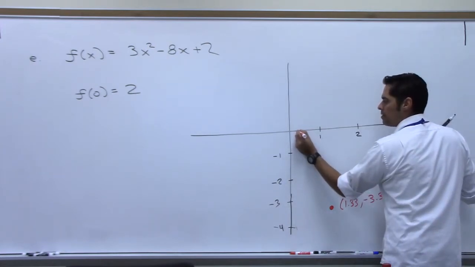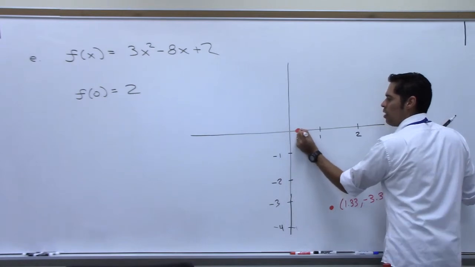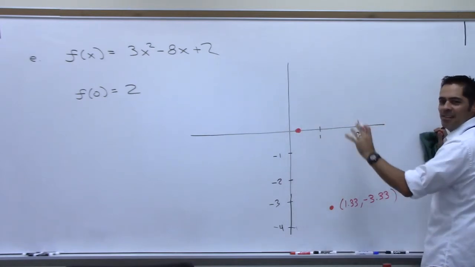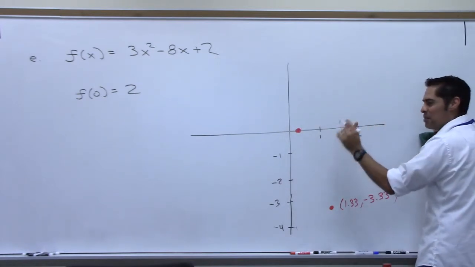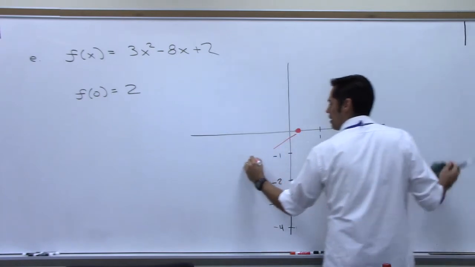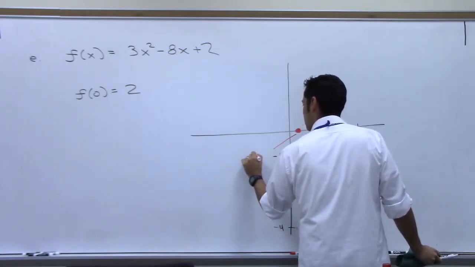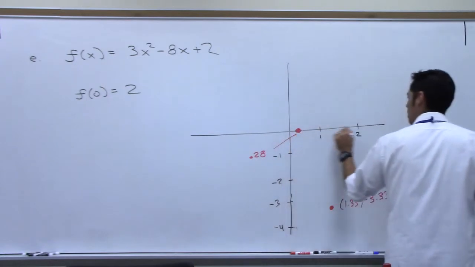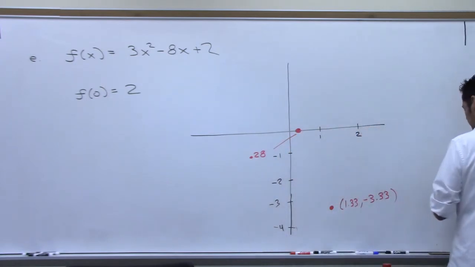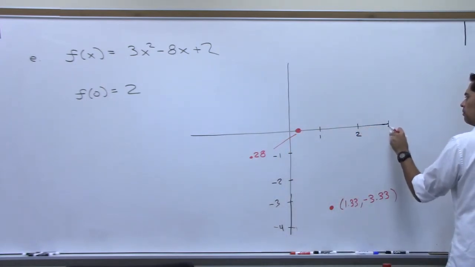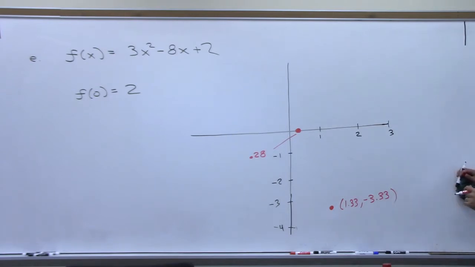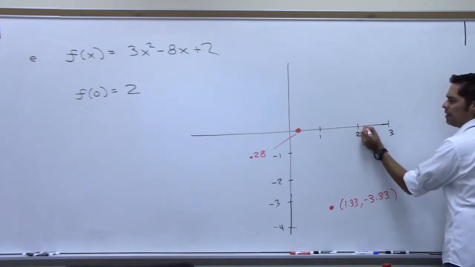I don't know, that's somewhere around here. If you draw it real big, then it's easy to say there's some gray area in there, right? This is 0.28, and the other one's at 2.38. I don't remember. What was it? 2.38? Okay, so 2.38. It's almost 2.5.